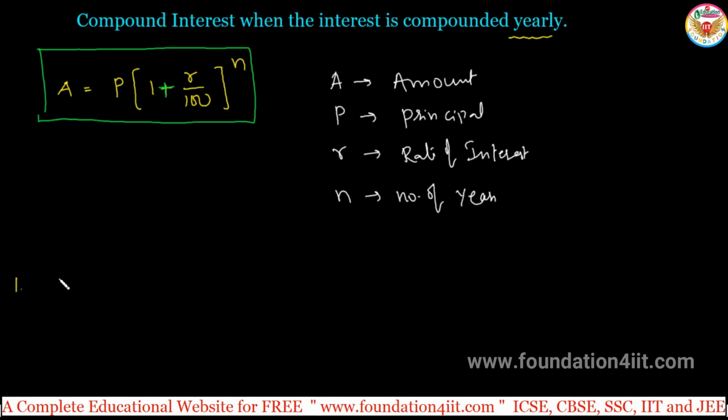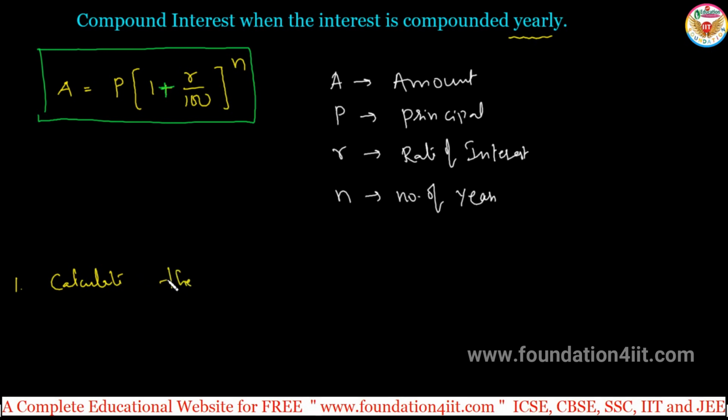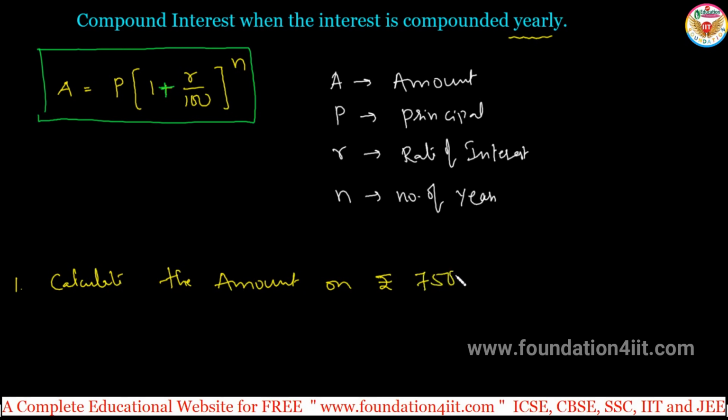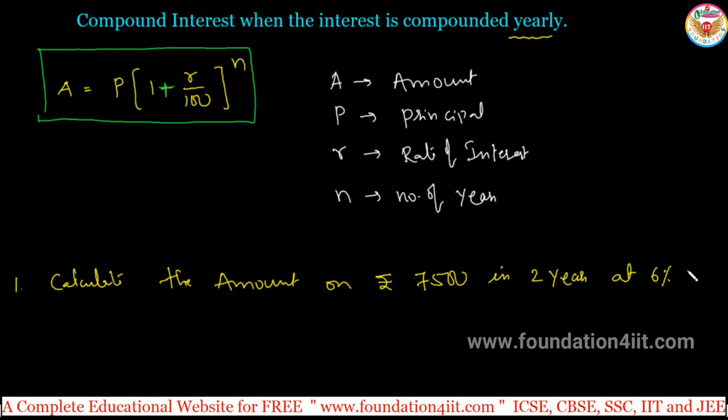For example, calculate the compound interest or calculate the amount. Calculate the amount on rupees 7,500 in 2 years at 6% per annum, compounded annually.